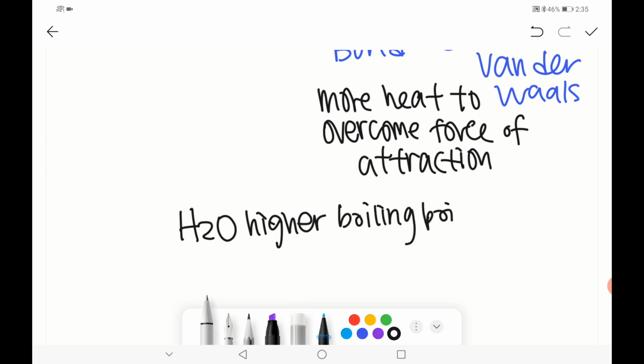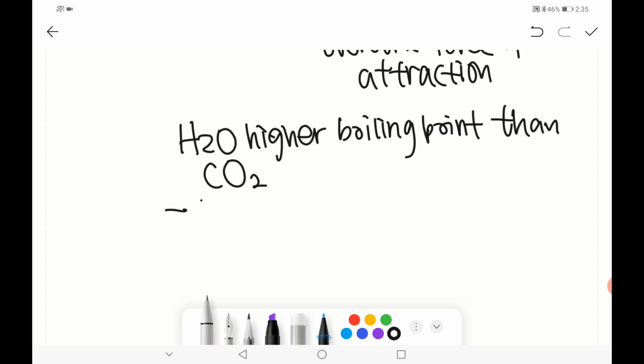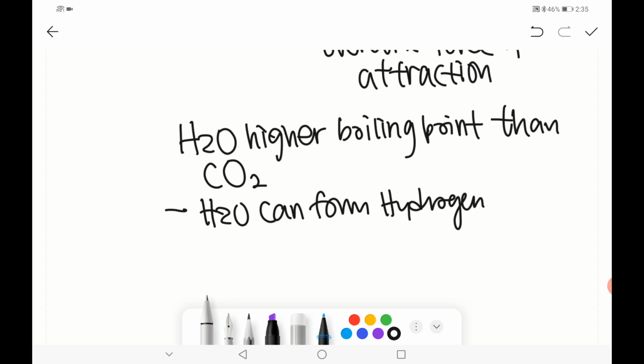The reason is that water can form hydrogen bond, and carbon dioxide cannot.